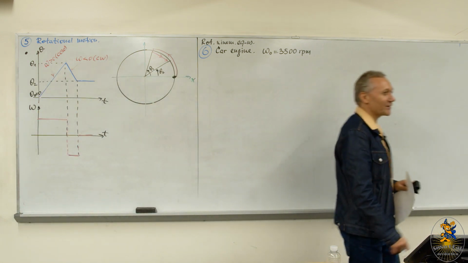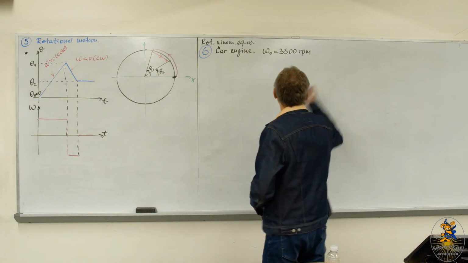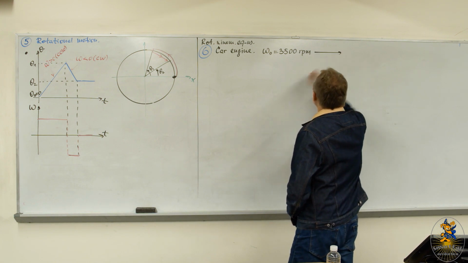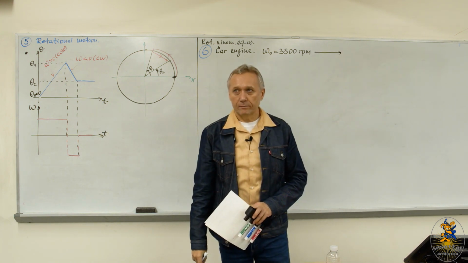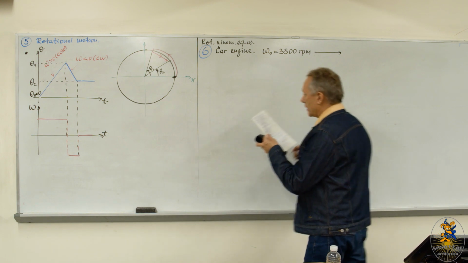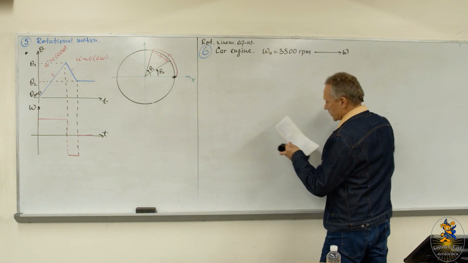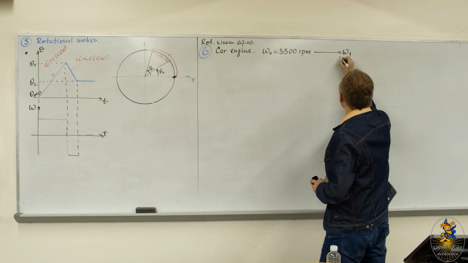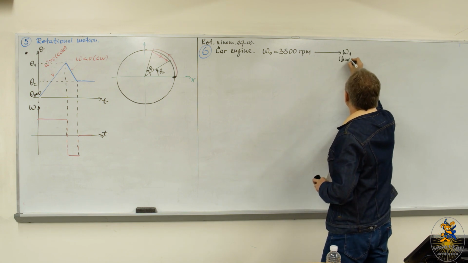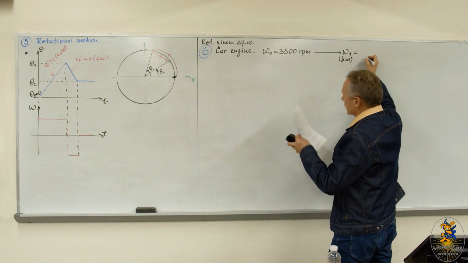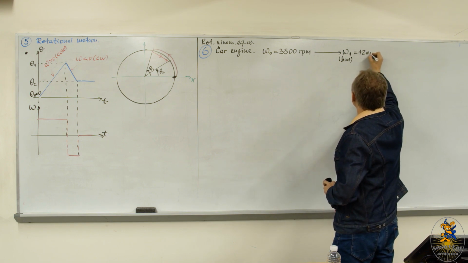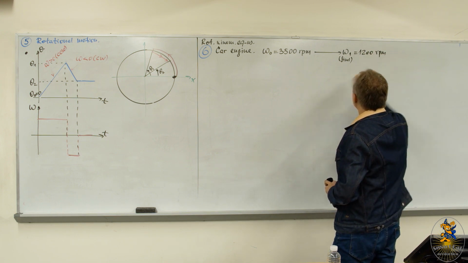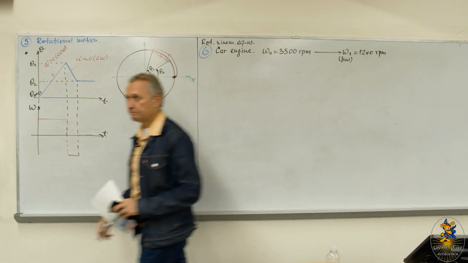But you guys are practical, right? So revolutions per minute, of course. Then it decelerates, and the final omega, which I label omega 1, but essentially it's the final, equals 1,200. Again, RPM, revolutions per minute.